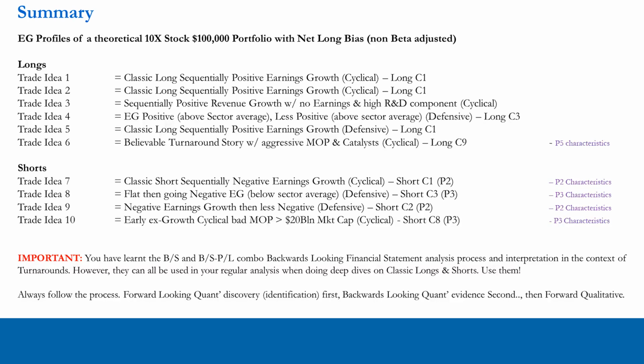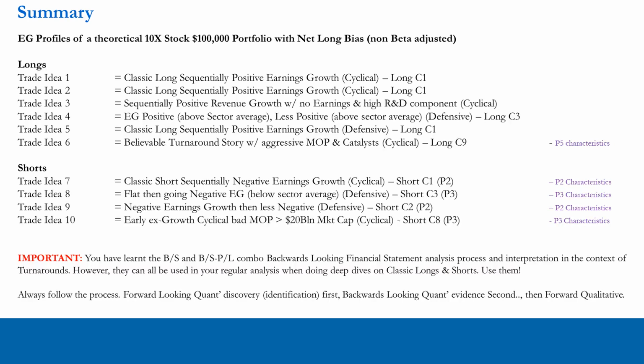And our shorts can also be a good mixture of different types of shorts, different types of characteristics. So you can see here now the types of portfolios that we're working towards.